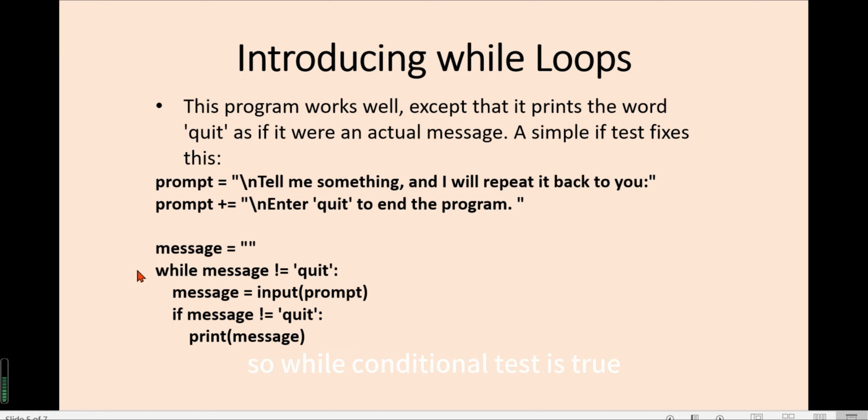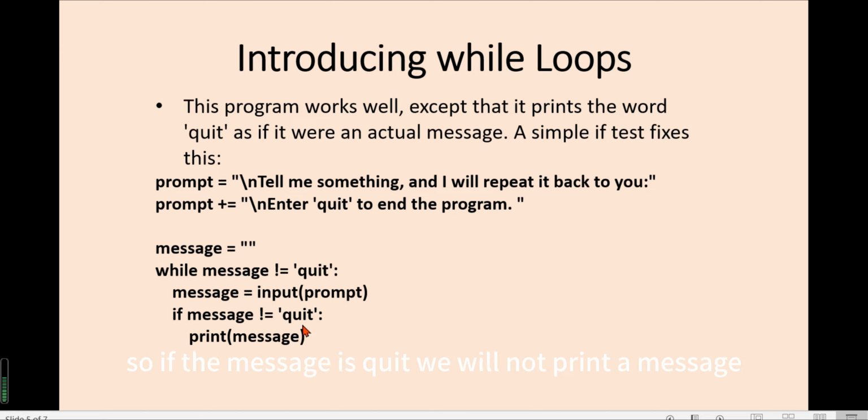So while the conditional test is true, then we go inside the block of the while loop, then accept a message from the user. But if the user inputs quit here, the message will be quit. So next we will have an if test. If message is not quit, then we print the message.